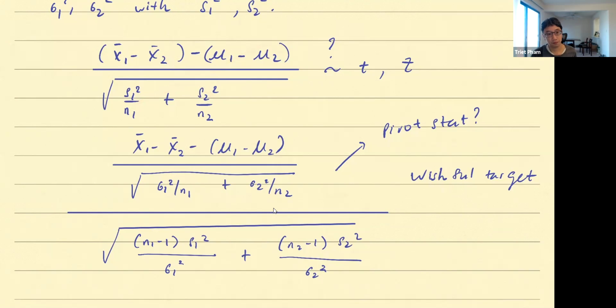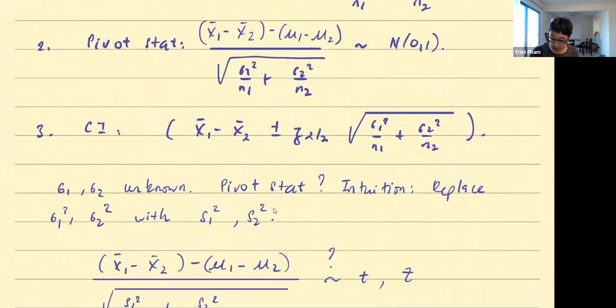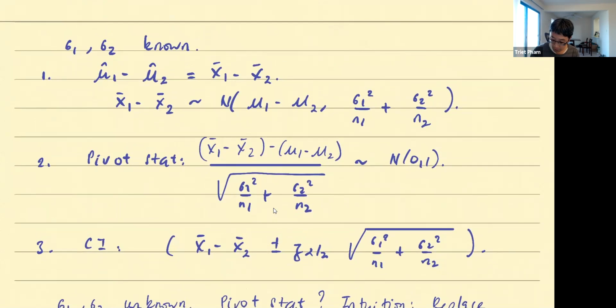Why can't I use it as a pivot stat? It is normalized, right? The fact that we don't know mu is fine, because mu will be the one that we pivot away from. Right here, for example, the fact that mu1 and mu2 are unknown is fine.